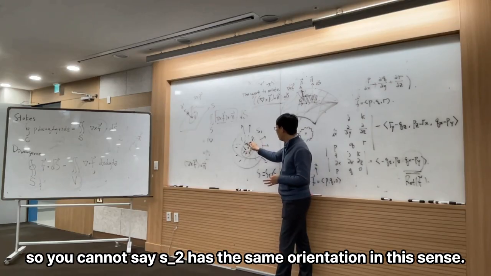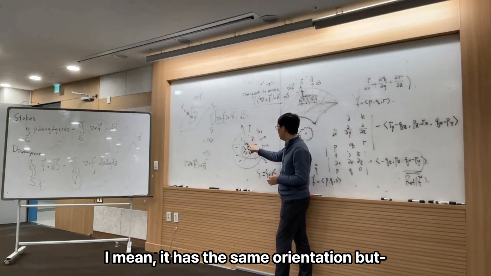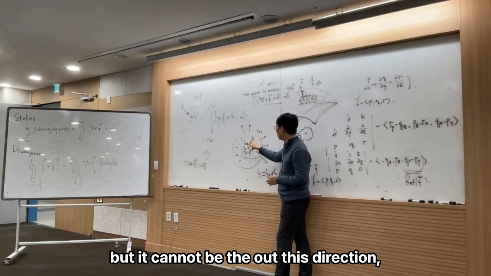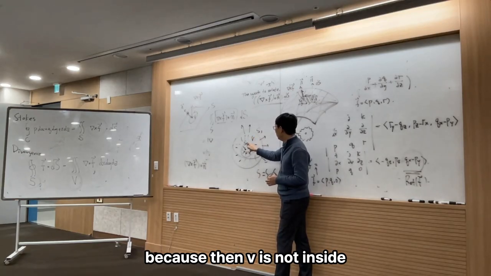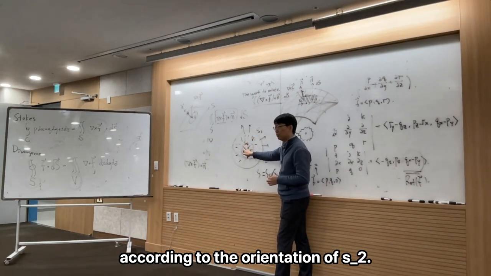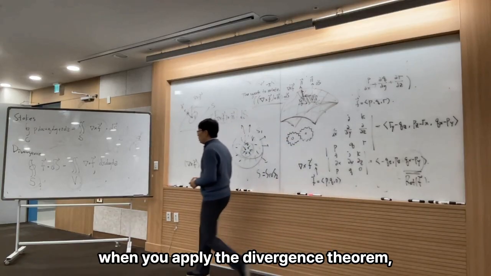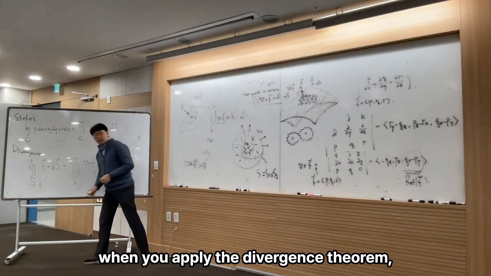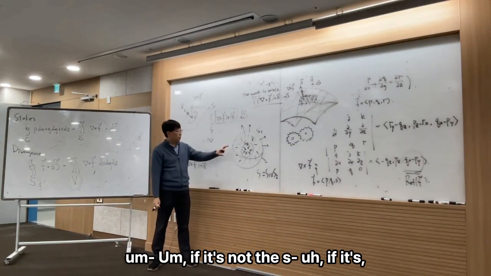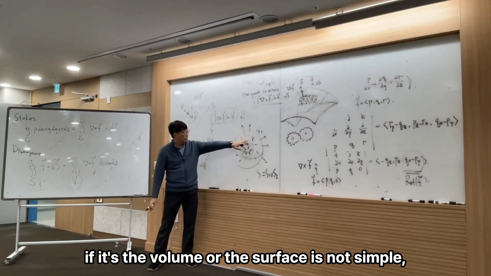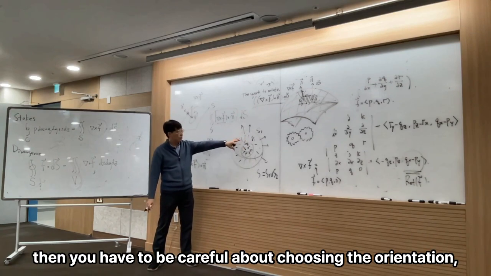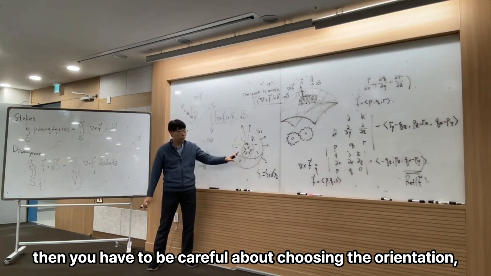You cannot give S2 the other direction, because then V is not inside according to the orientation of S2. So when you apply the divergence theorem, if the volume or the surface is not simple, you have to be careful about choosing the orientation.